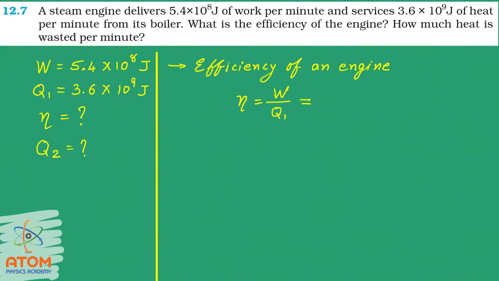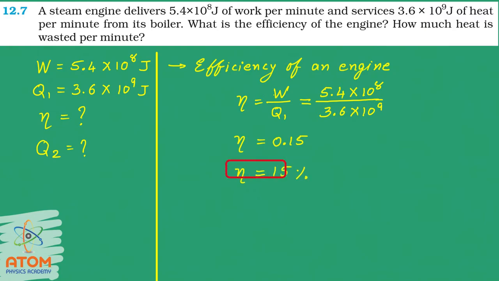Now the values are there. W is 5.4 into 10 raised to 8 and Q1 is 3.6 into 10 raised to 9. That gives eta equal to 0.15. Now if we multiply it by 100%, then eta will be 15%. So the efficiency of this engine is 15%. That is our first answer.